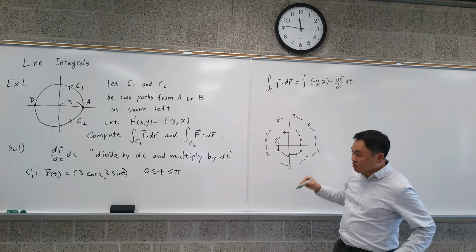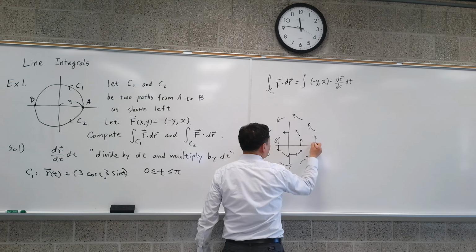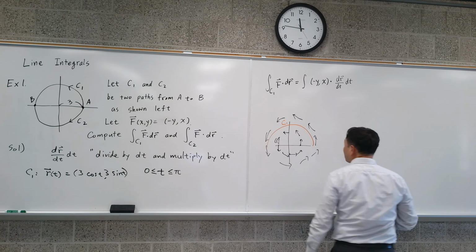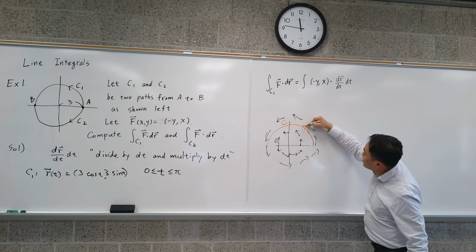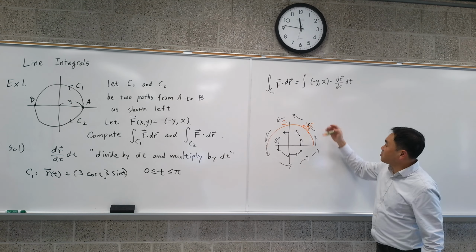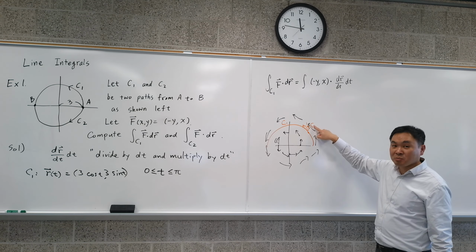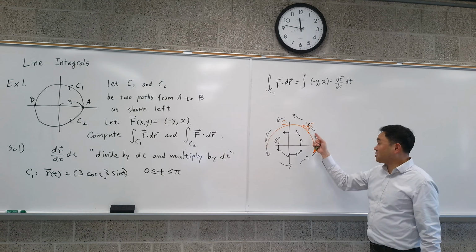And then you're trying to go through this path C1, and at each point what you're doing is you're taking the dr, which is the small increment of this path. Because r is the position, dr is the small displacement of this particle.